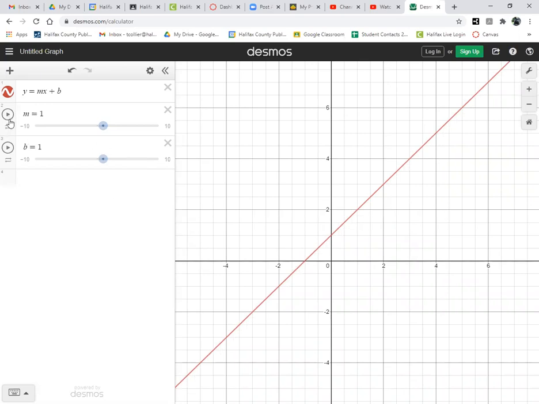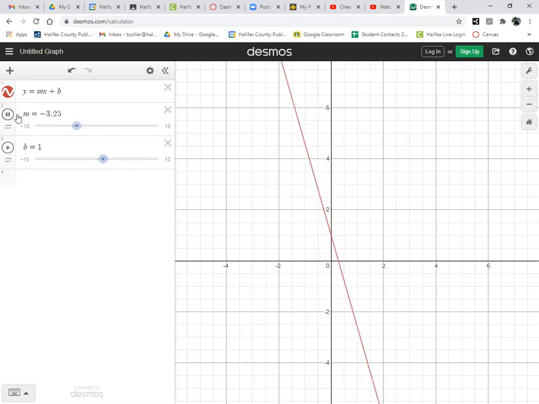All right. So right now I've got m equals 1 and b equals 1. Now I can hit the play button over here. And when I hit that button, the m is going to start to vary between 10 and -10. So as the slope gets very negative, the line starts to get very steep in the negative direction. But once the m gets very positive, it's going to start getting very steep in the positive direction. And when m is 0, it's going to go completely flat.